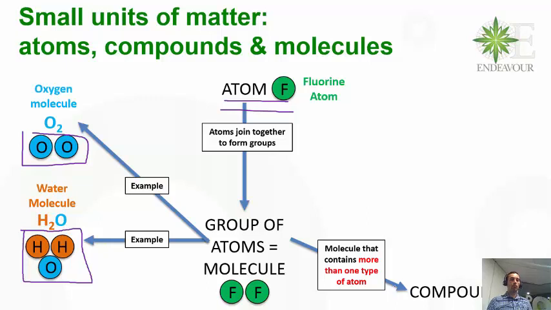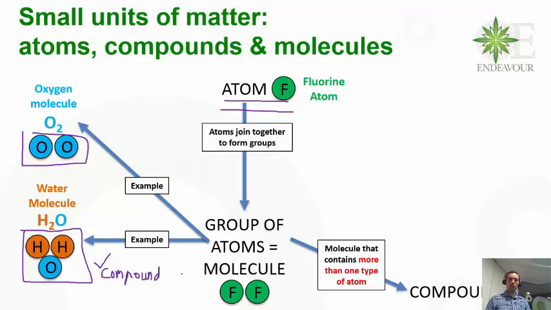What about water then? Would water be a compound? Well, it's got more than one atom type present, so yes, that would be considered a compound. So what is the difference between water and oxygen that makes the water a compound but oxygen not?